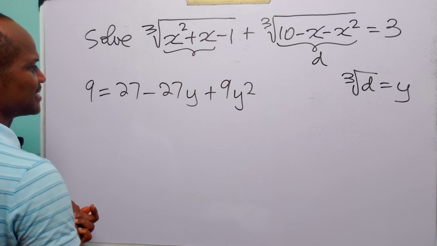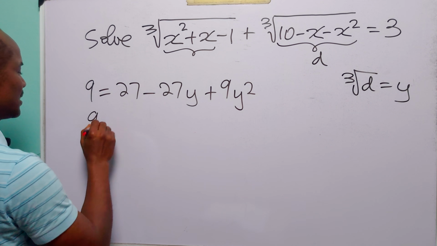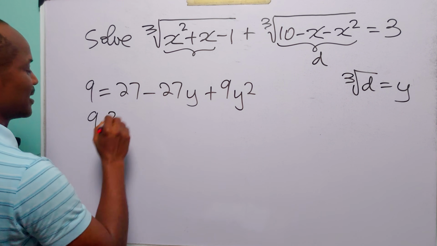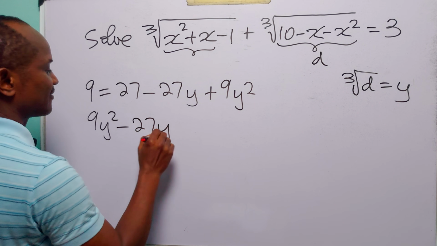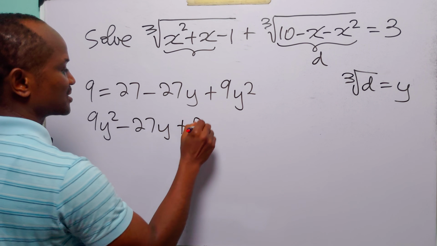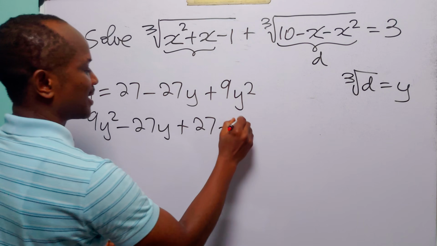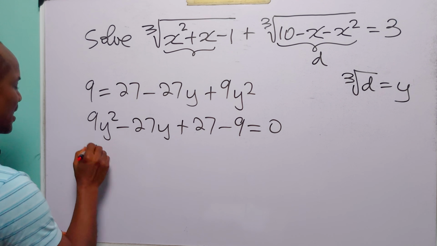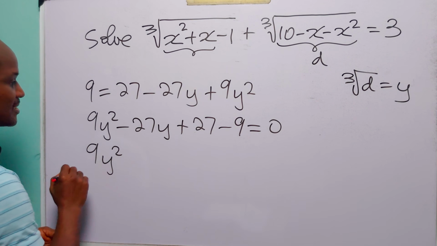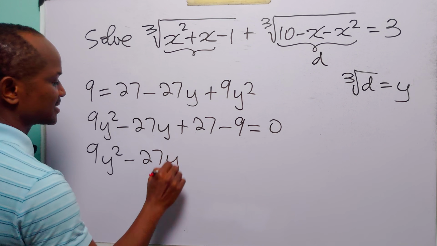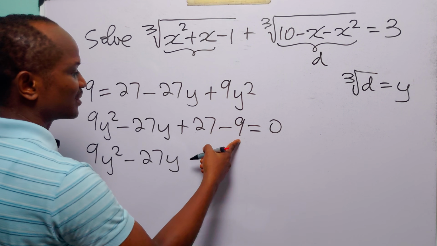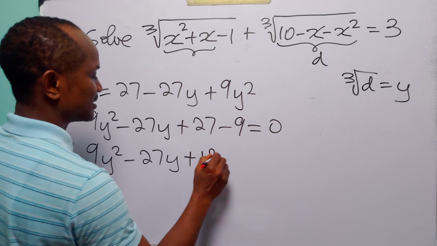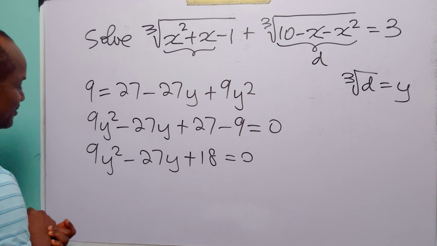And of course, rearranging this quadratic equation, we have 9y squared minus 27y plus 27 minus 9 is equal to 0. From here, we have that 9y squared minus 27y plus 18, since 27 minus 9 is 18, is equal to 0.